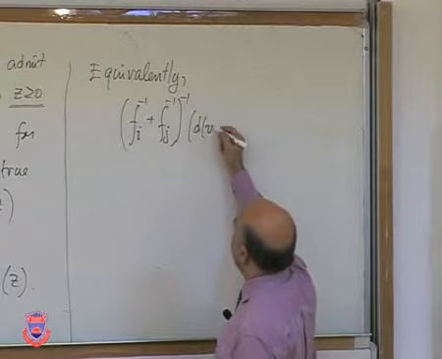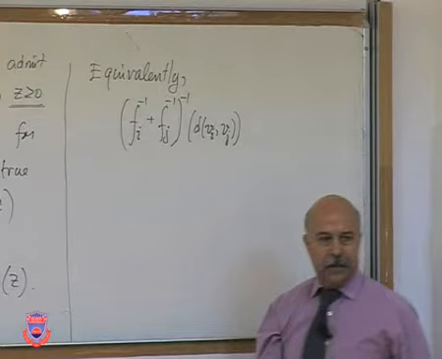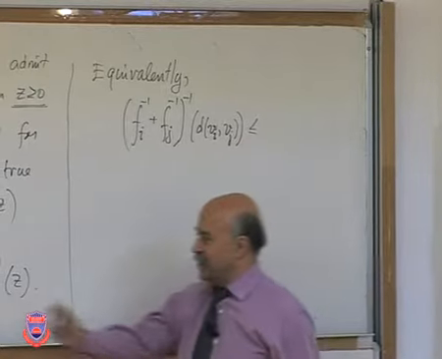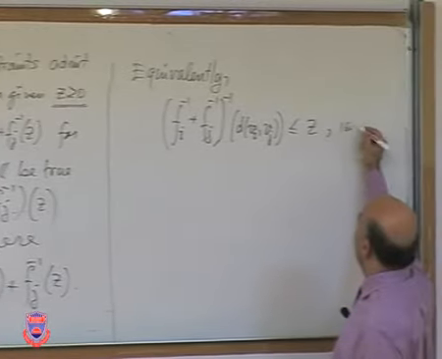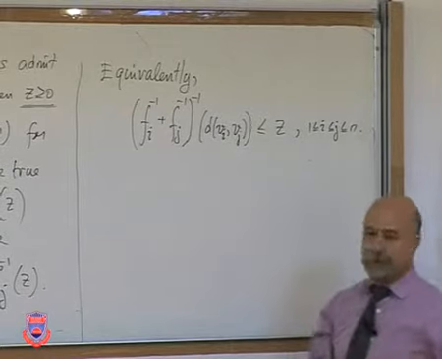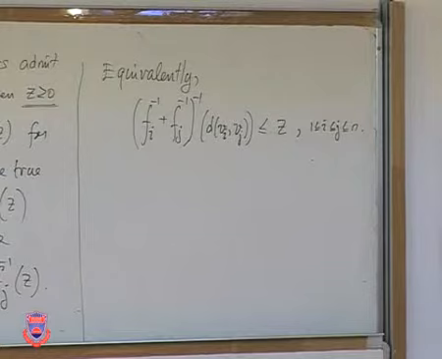evaluated at the distance vi vj. That should be less or equal, what's the right side? Z. And that should be true for i less or equal to j. Okay? So there's only one thing here you need to worry about.